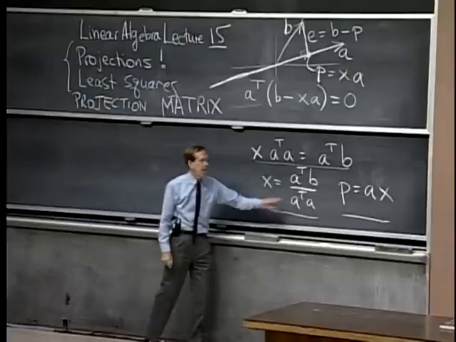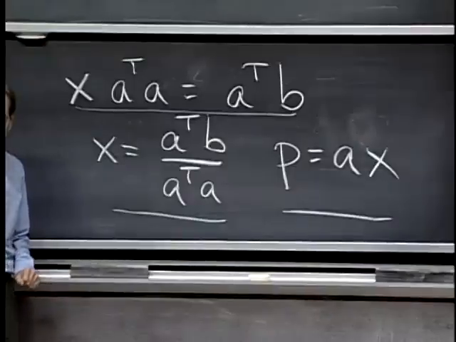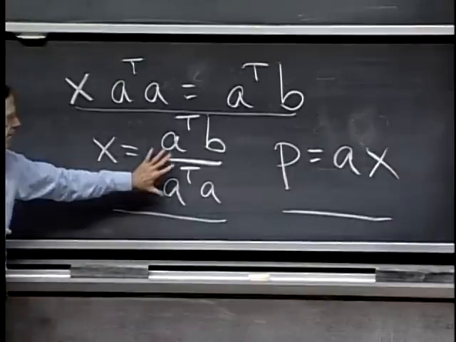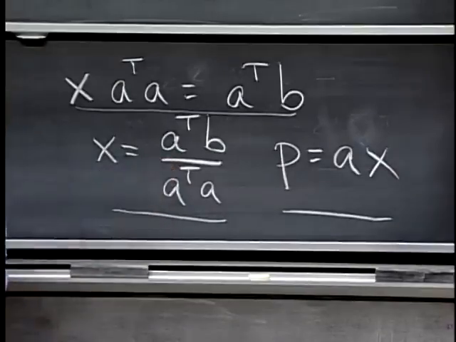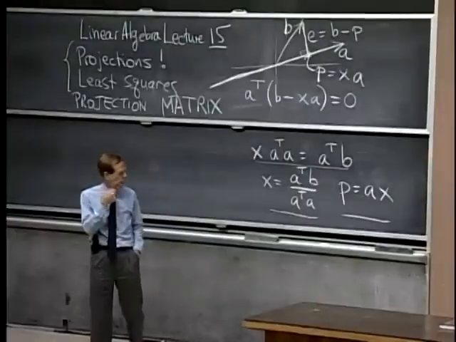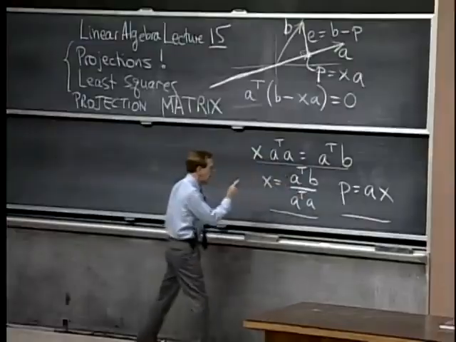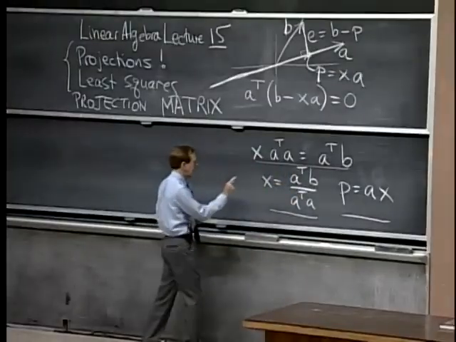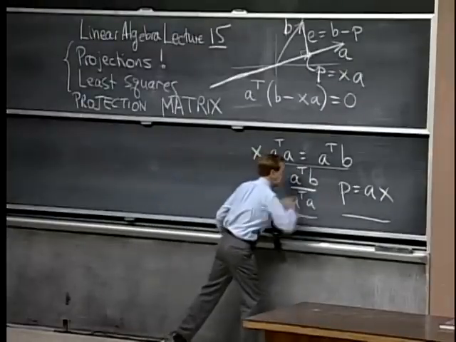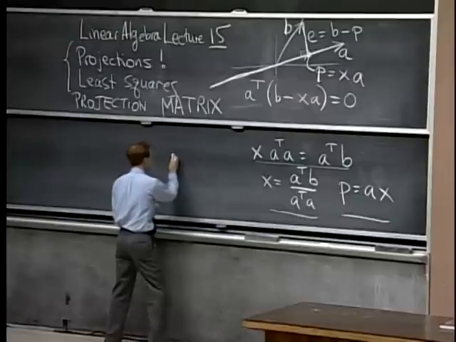A transpose B over A transpose A. Actually, let's look at that for a moment first. Let me take this next step. So P is A times X. So can I write that then?